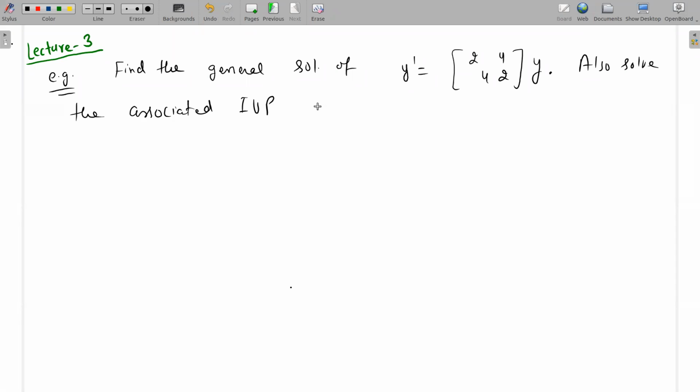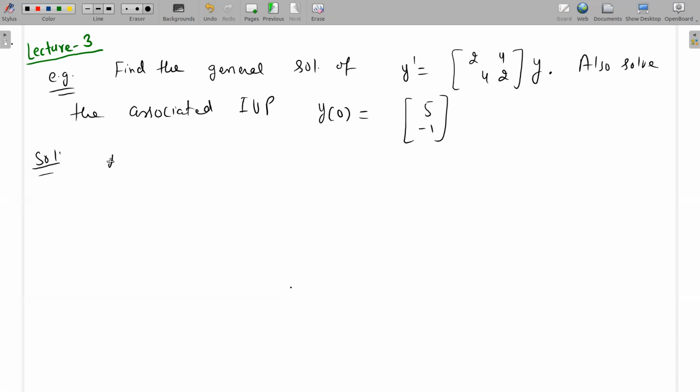So same problem with one initial condition: when t equal to 0, you know the solution. For simplicity, I am taking a 2 by 2 system. You can also apply the same theory up to 3 by 3 system, and so on.